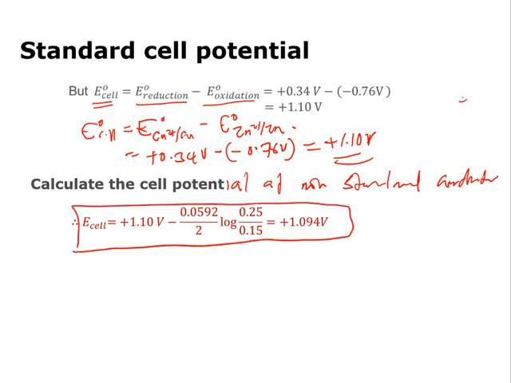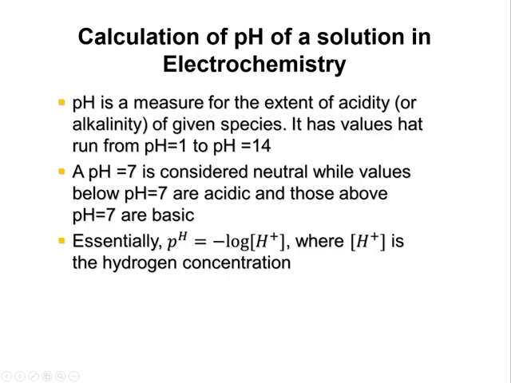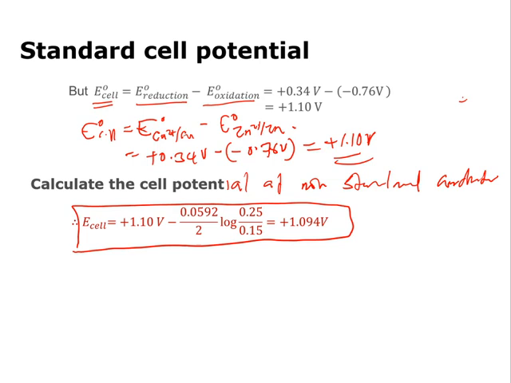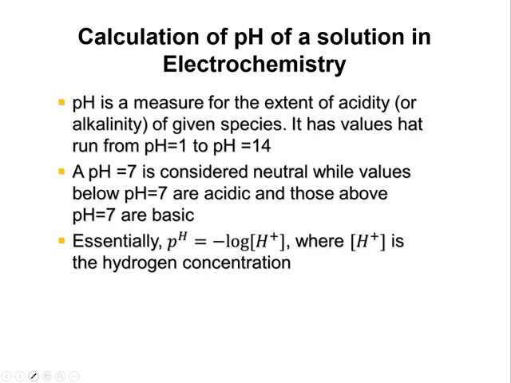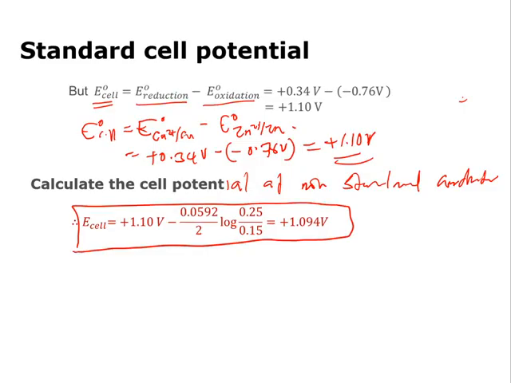In the equation, we also have a parameter that we normally refer to as Q. Q is equal to the concentration of the products raised to their moles divided by the concentration of the reactants raised to their moles.